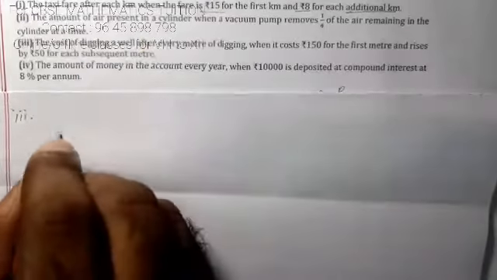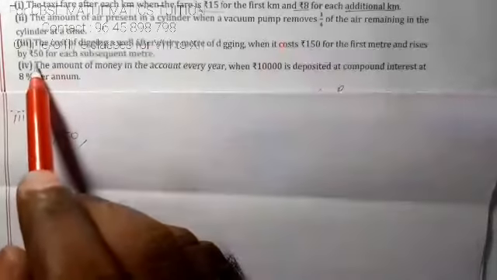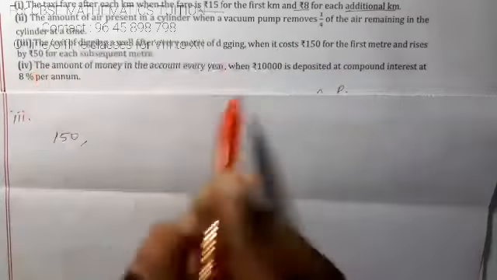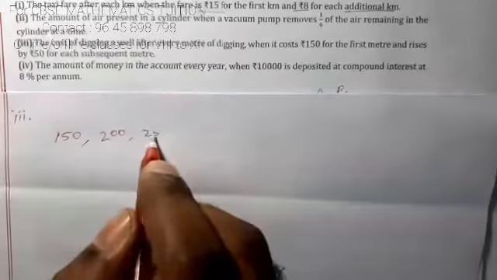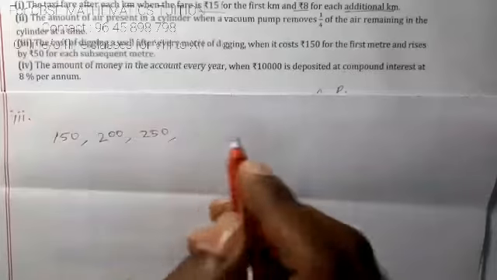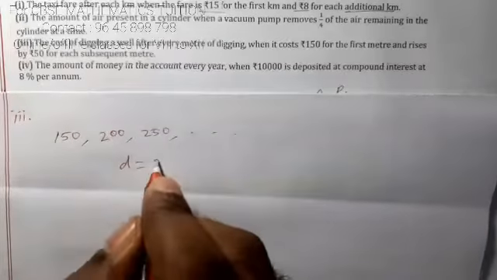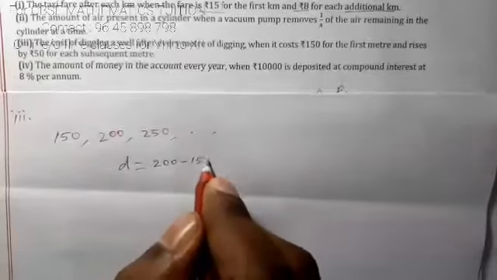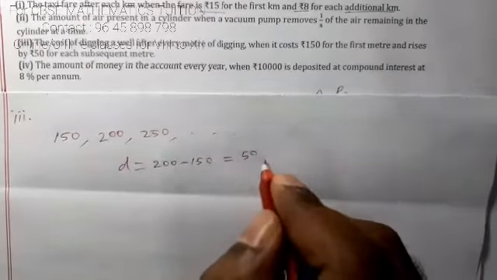First we have to pay 150 rupees. Second we have to pay 50 rupees additional, so 200 rupees. Then 250, then 300, etc. So there is a common difference. What is the common difference? 200 minus 150, which is equal to 50.